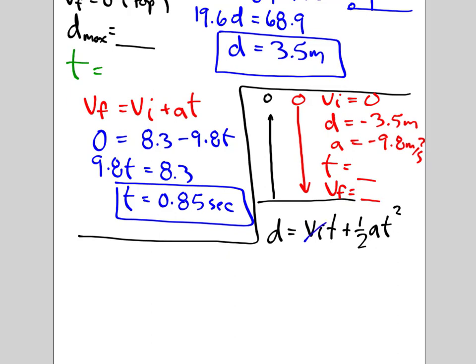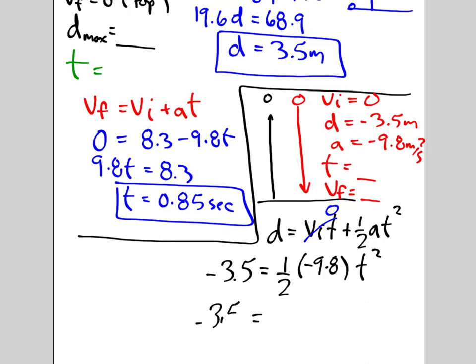And again, because the v_i is 0, because the ball stops at the very top, and we know this is negative 3.5 meters, we have 1/2, we have negative 9.8, and we'll work this backwards.